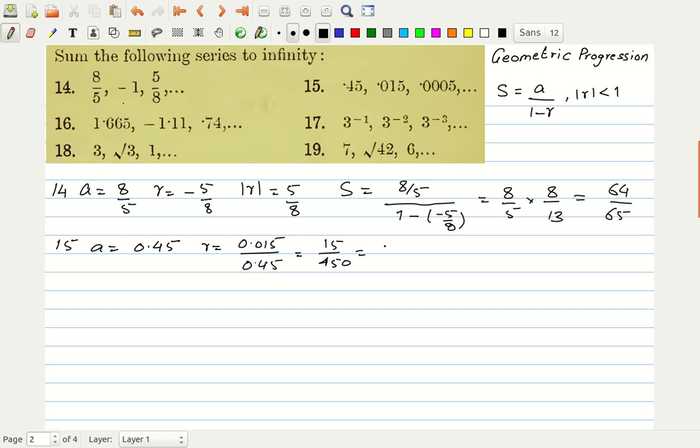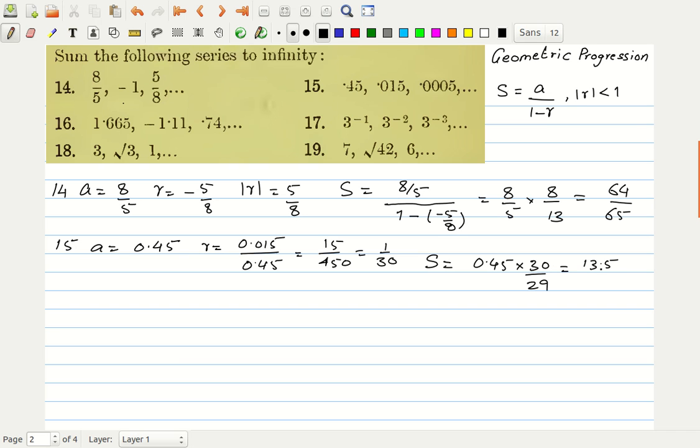So this becomes 1 divided by 30. And we see that r, or absolute value of r, is less than 1. So if we use the formula a divided by 1 minus r, this is 0.45 divided by 1 minus 1 by 30, which is 29 by 30.